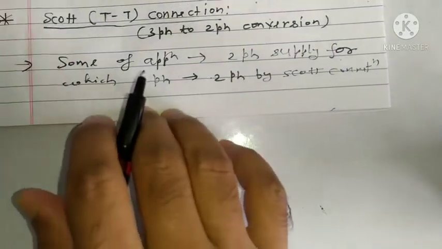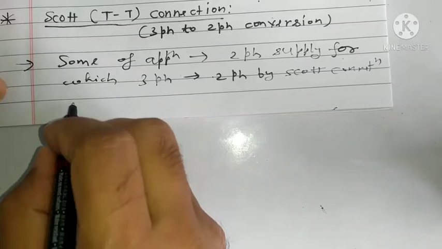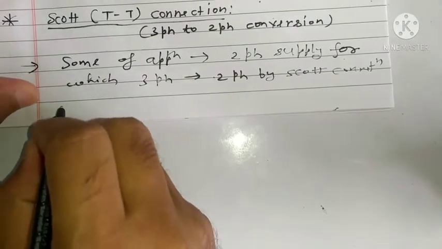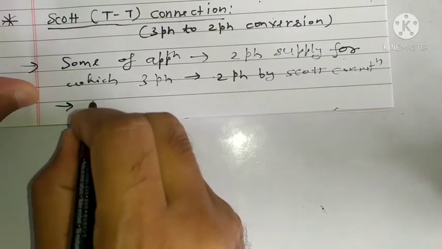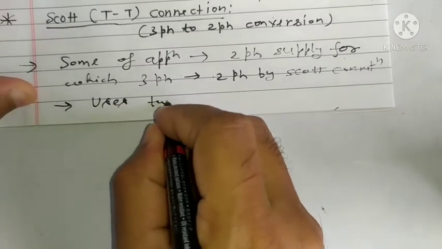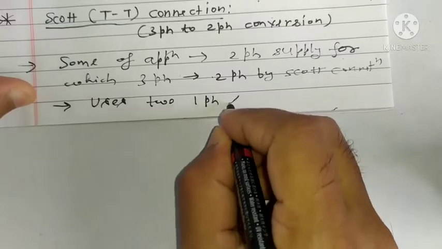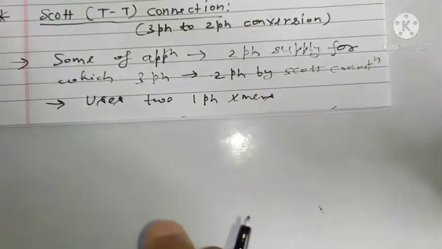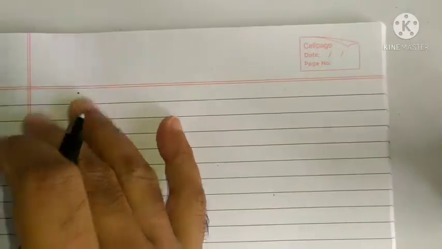Basically, Scott connection uses two single-phase transformers, namely main transformer and teaser transformer.